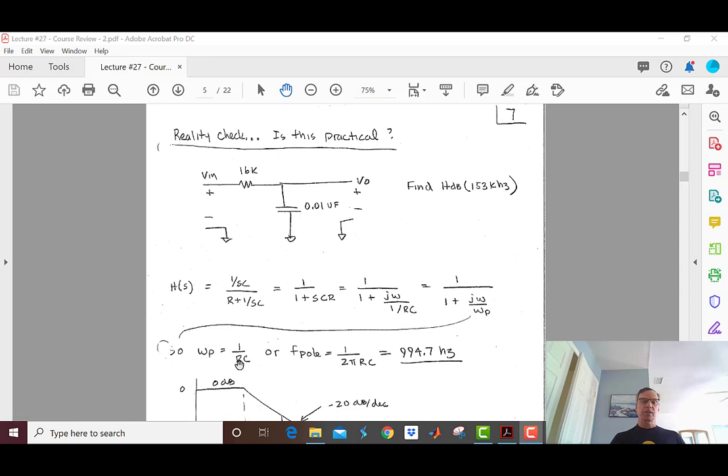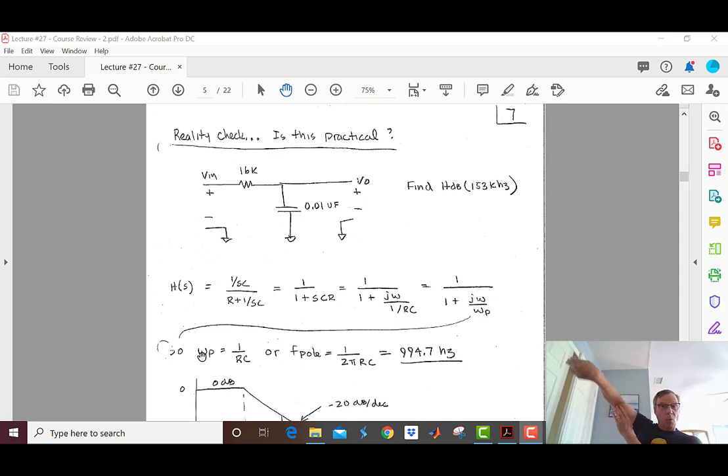So the pole frequency in radians per second is 1 over RC. And so the frequency of the pole is going to be 1 over 2 pi times RC. Or in other words, the frequency in hertz is going to be 1 over 2 pi times the frequency in radians per second.